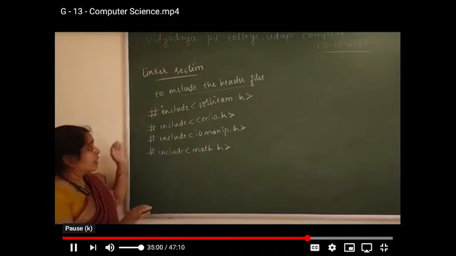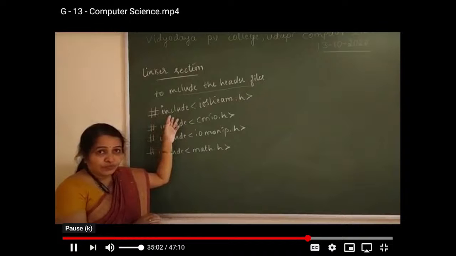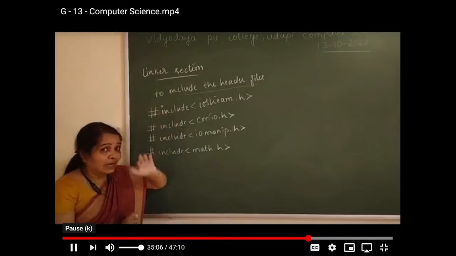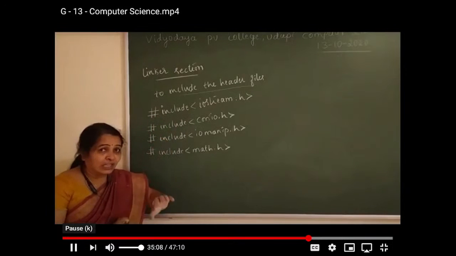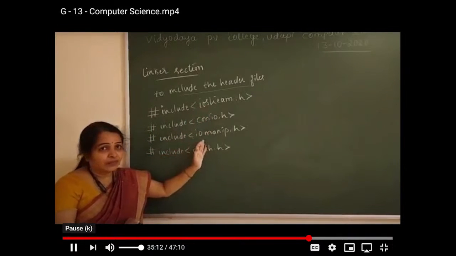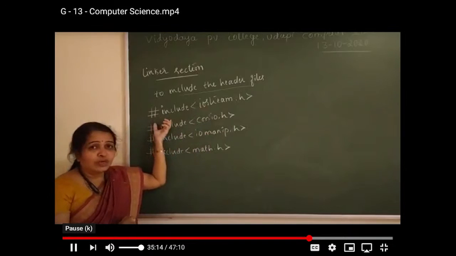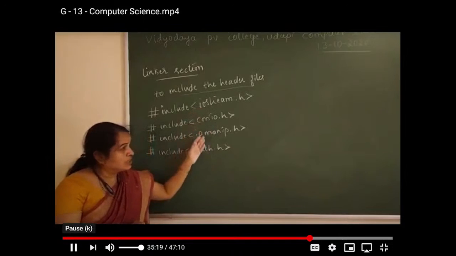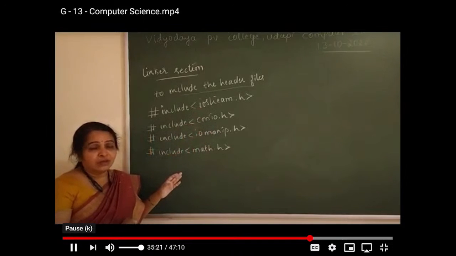When you write hash include, that tells the compiler that the user is including the particular header file. Hash include tells the compiler that the user wants to include these header files. Why do you have to write this?